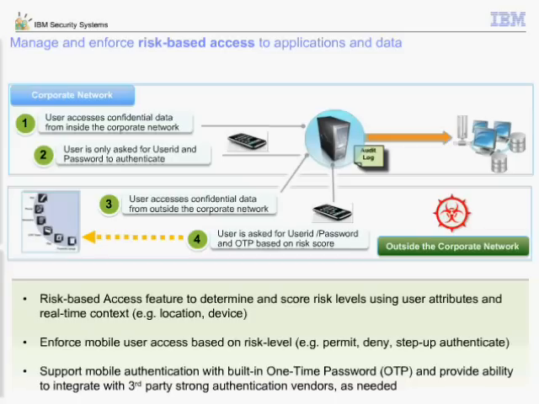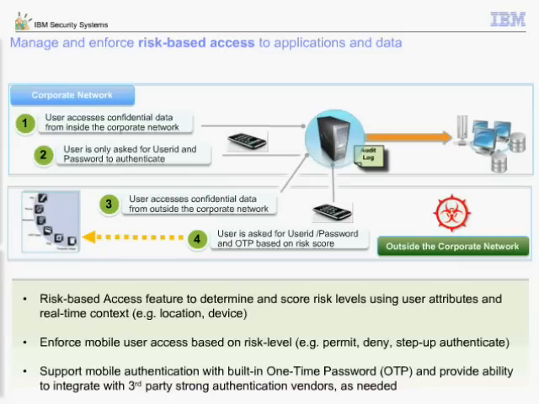For instance, if the user is accessing corporate and sensitive application data from within the corporate network, the user potentially could be asked to supply only the user ID and password to authenticate. But if the user goes outside of the corporate network and accesses the same confidential system from, say, a Starbucks, the user might be required to supply a one-time password in addition to the user ID and password to make sure that he's accessing the system securely.